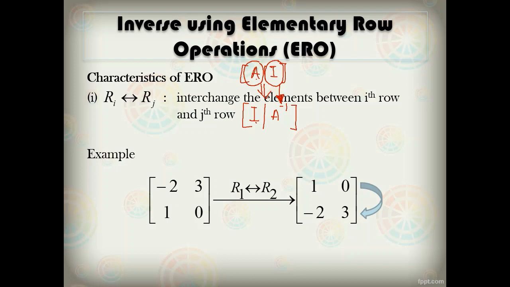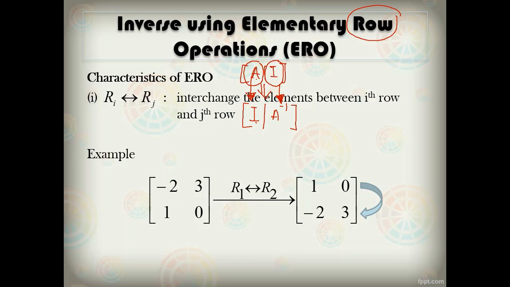The process of reducing A to I, you must follow what is called ERO, elementary row operation. So it is called row operation.